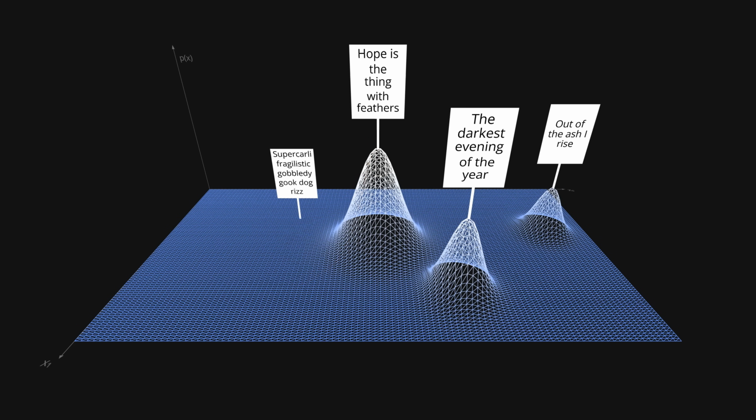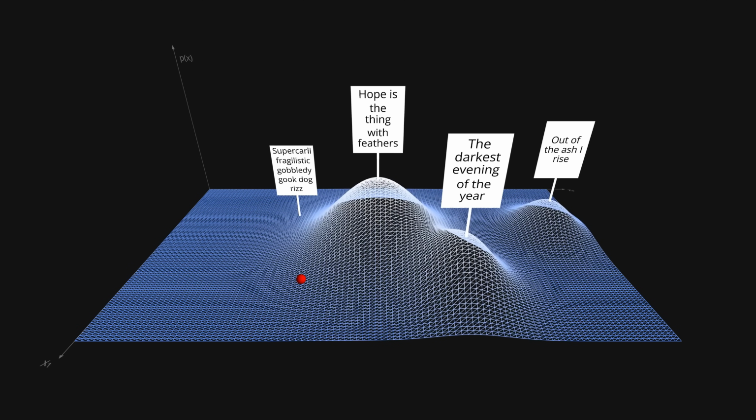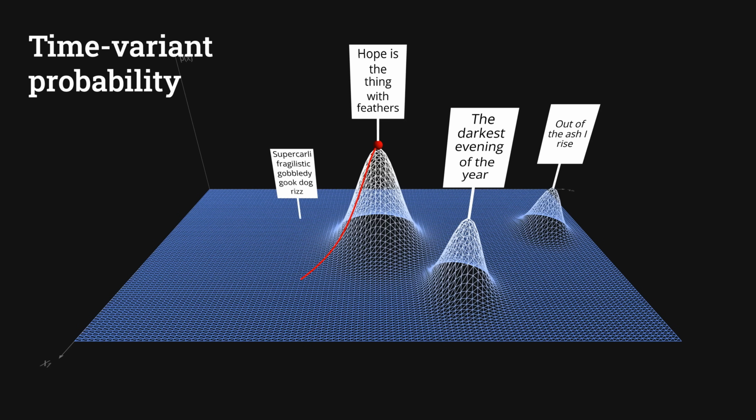But the challenge is, at the start of the journey, the probability landscape is completely flat and there's no gradient to climb. One way to address this problem is to artificially spread out the hills so that the particle sits on a slope. As the particle progresses, we can gradually restore the true shape of the landscape. This dynamic terrain is basically a time-variant probability distribution P index T of x.